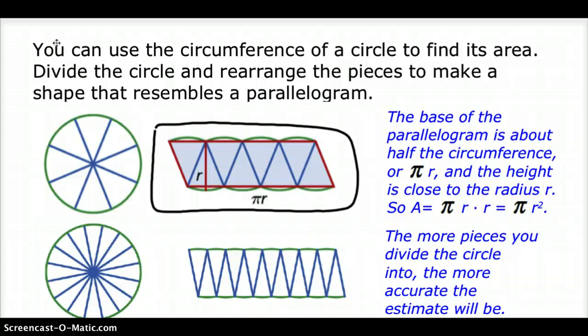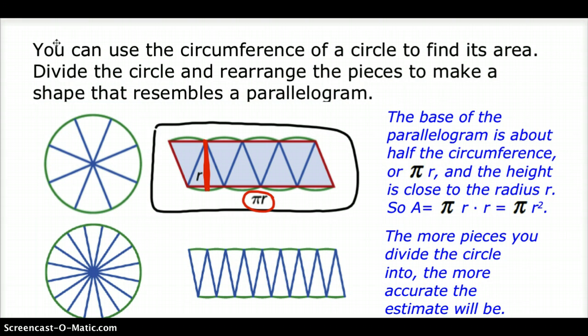Now it says the base of the parallelogram is about half of the circumference. So when it says the base of the parallelogram is half of the circumference, this is what it's talking about. Instead of 2 pi r, it's just pi r. And it says the height is really close to the radius r. So the height that they're talking about is right here. So the height of this particular parallelogram is about the radius.